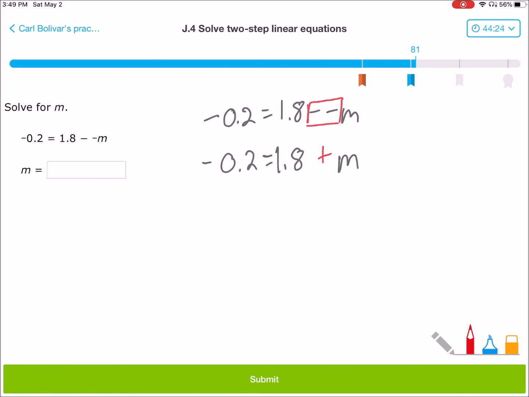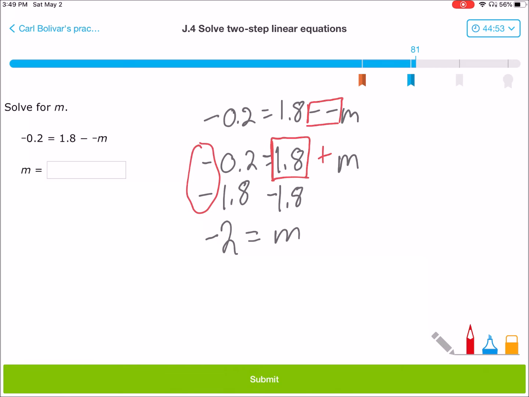Now, we have to move this all the way to the other side. That's a positive 1.8. So we subtract 1.8. Since these have two positives here, it'll basically stack up. It'll be like negative 2 is equal to n. That is our answer.